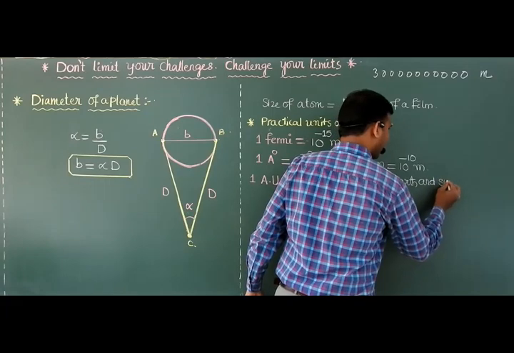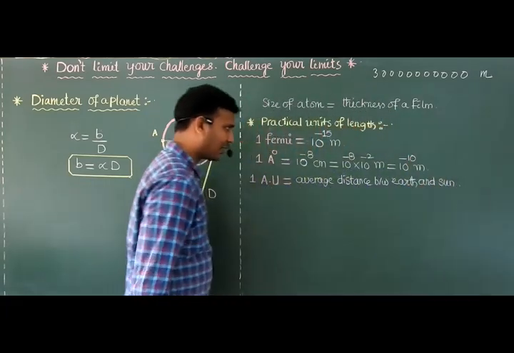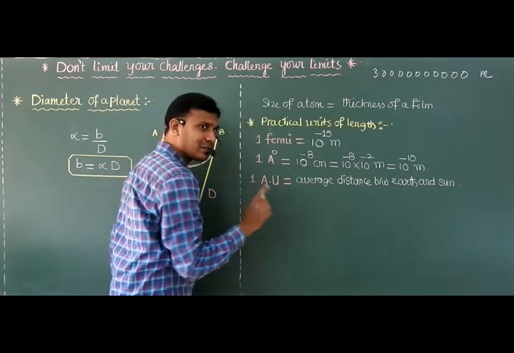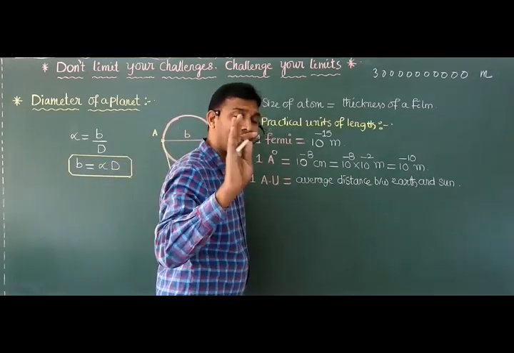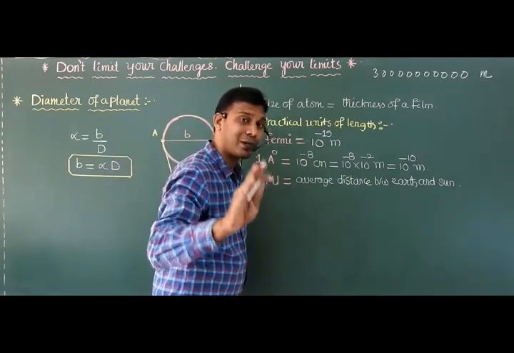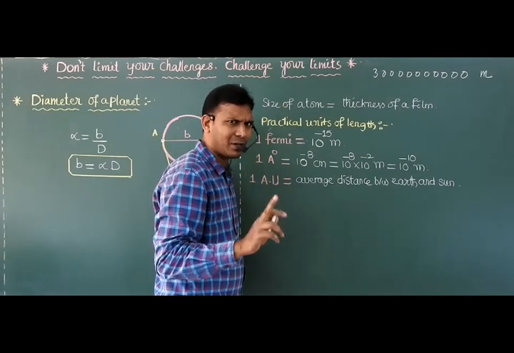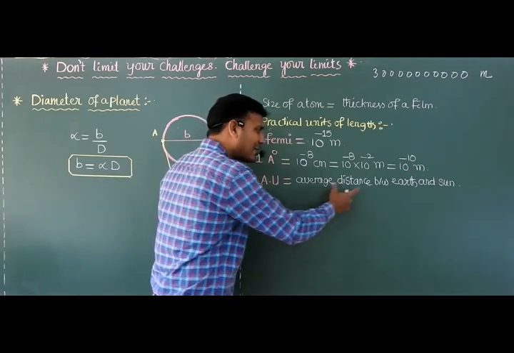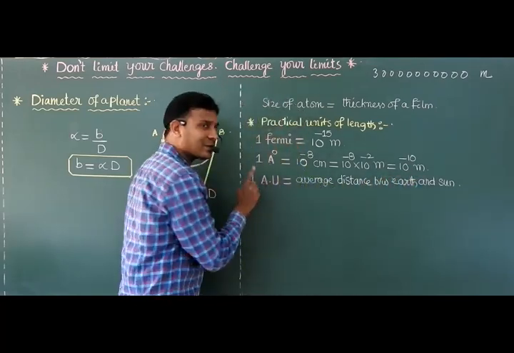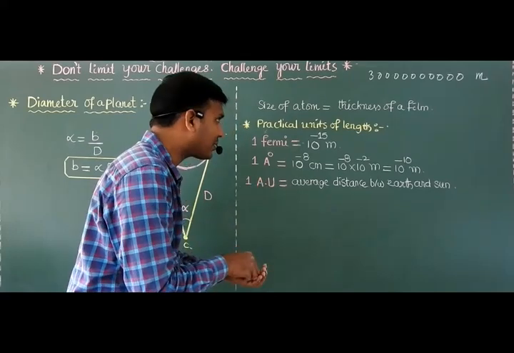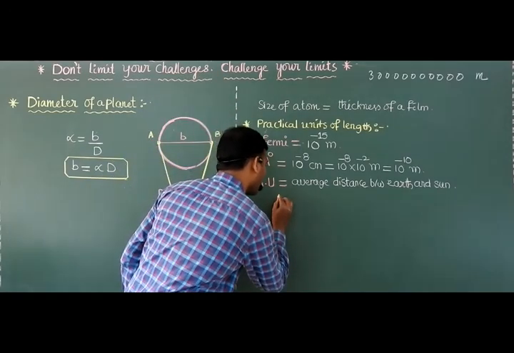So the average distance between the earth and the sun is approximately equal to one astronomical unit. Remember, these conversions are very, very important. The average distance between earth and the sun is always 1 astronomical unit. So then 1 astronomical unit is equal to how much?